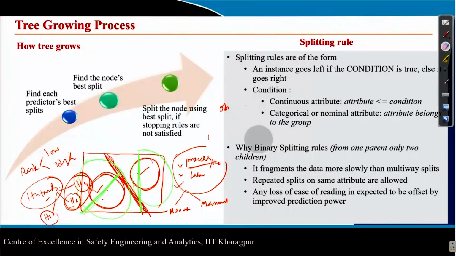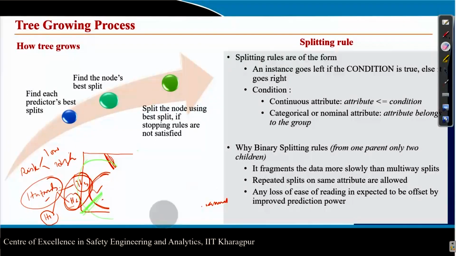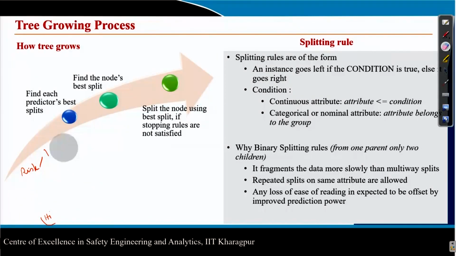So, that is why you see that we start with the parent node and then there will be intermediate child nodes, and finally at the lower level the child nodes which cannot be split further.